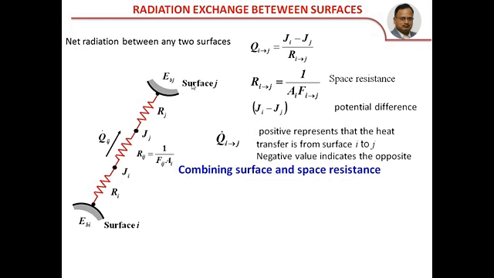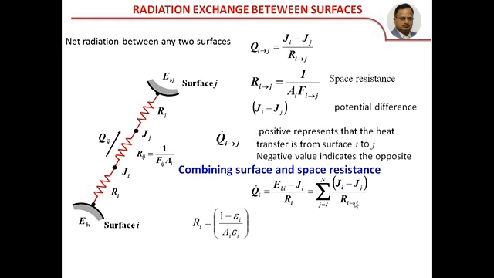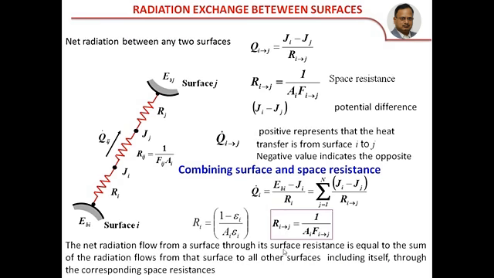So now if you combine both the surface and space resistances, the layout looks like this. Qi is equal to (Ebi minus Ji) by Ri, equal to the sum over j equal to 1 to N of (Ji minus Jj) by Rij, where Ri is (1 minus epsilon i) by Ai epsilon i, and Rij is 1 by Ai Fi-j.